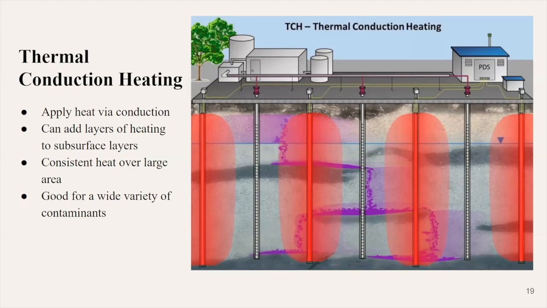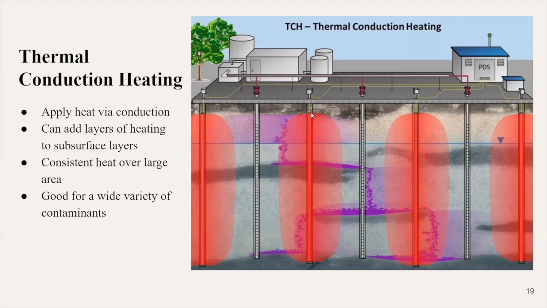The temperature goals for this treatment can range from 100 to 325 degrees Celsius, depending on the contaminant. So installation for this consists of installing heaters and vapor extraction points. The extraction points vacuum contaminant out of the area.